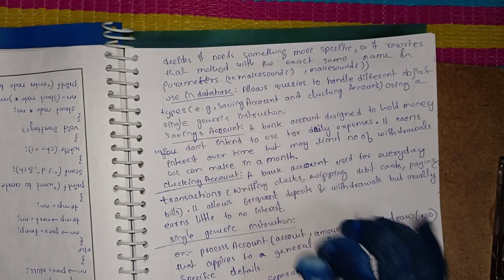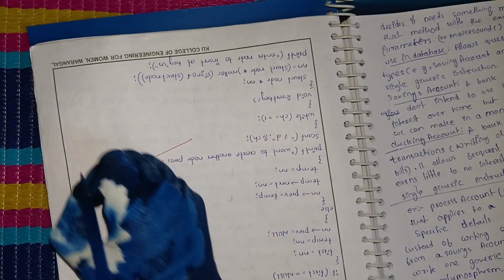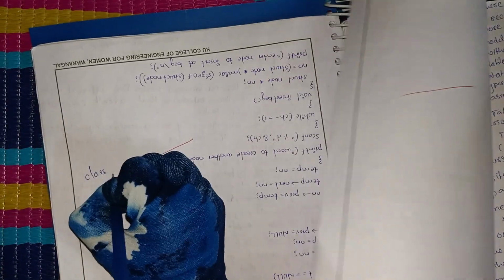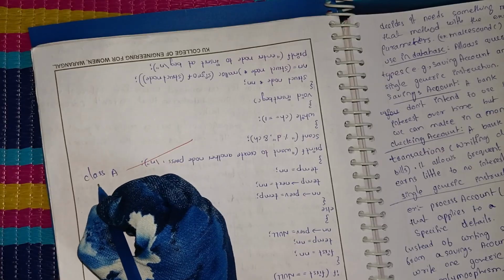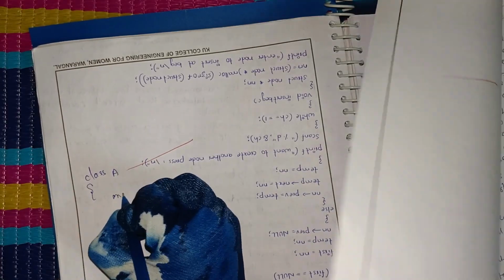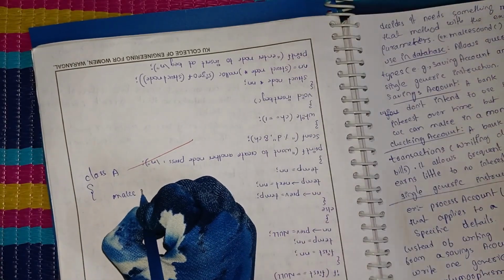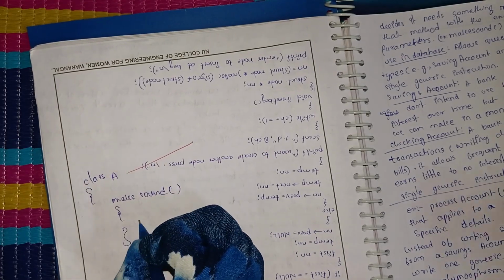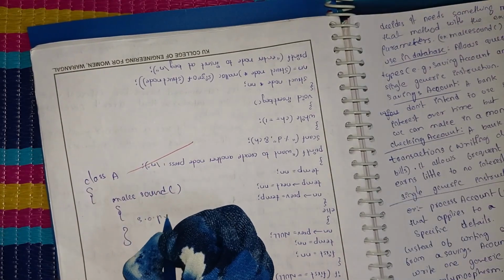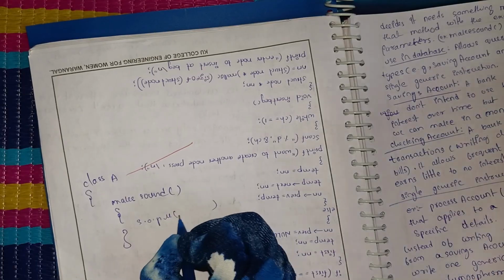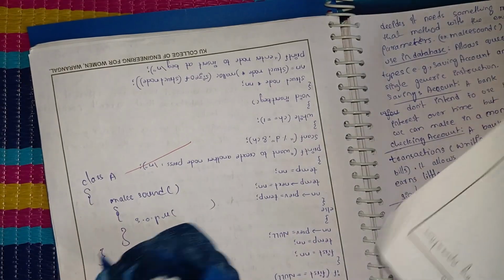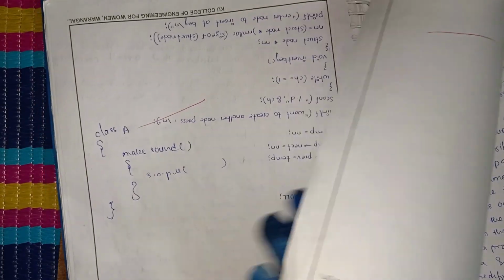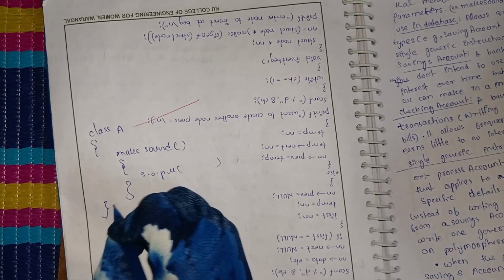Here class A is there. In this, makeSound() has some System.out.println statement, and here it closes class A.